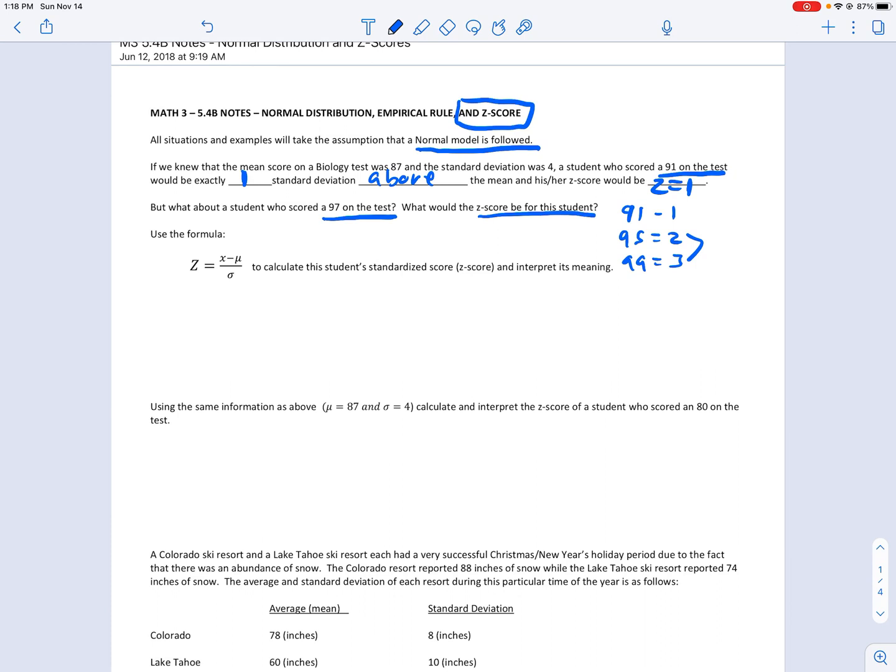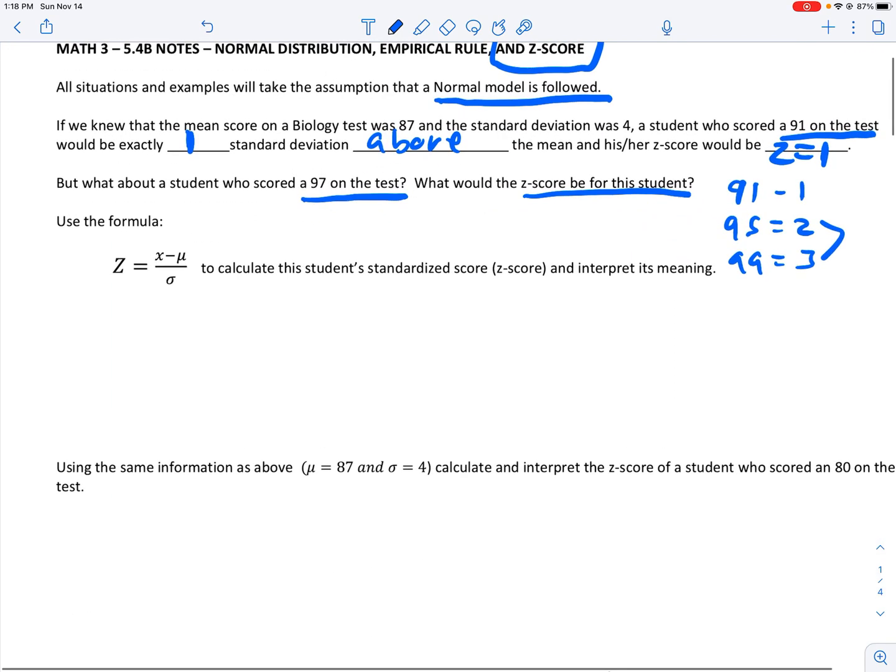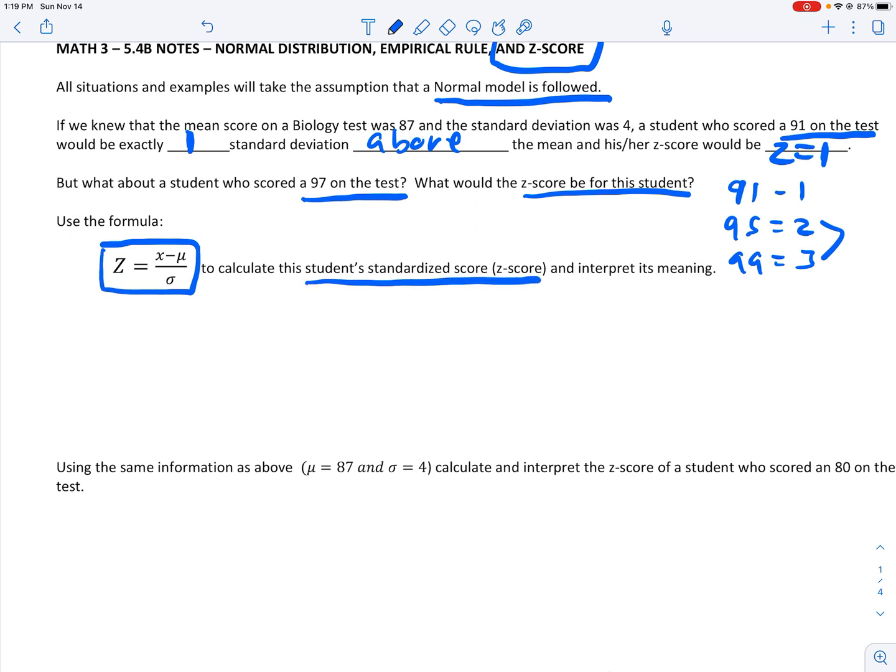So there's a formula we're going to use. So this is the z-score formula. All right. This is something that will be given to you. You don't have to memorize it. But this helps you determine, right, the student's z-score. This tells you how many standard deviations are above or below the mean.